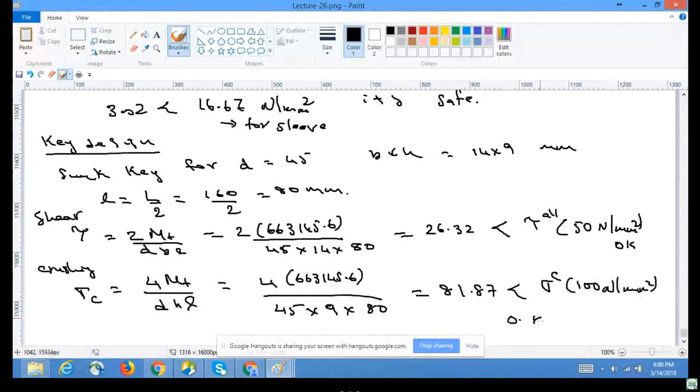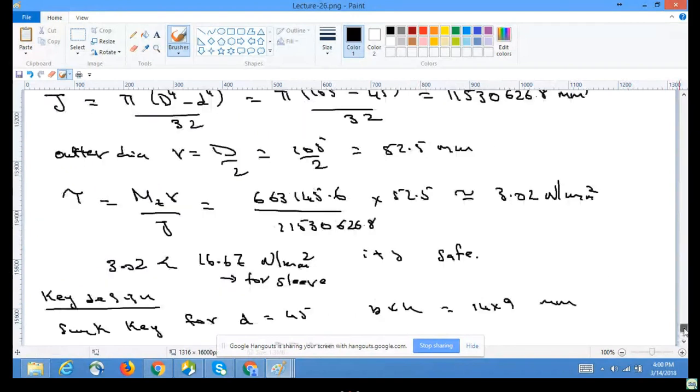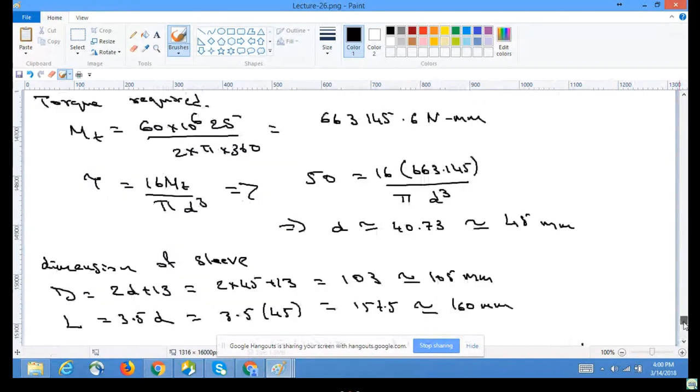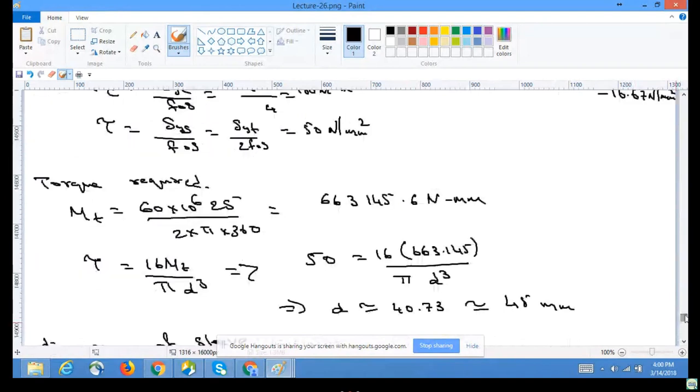So with this, our design for the muff coupling is over. All the stresses are okay. So this key of this size is fine, as well as our sleeve of this dimension D and length of 160 is also good, and the shaft diameter, which is 45, is also fine for the given requirements.